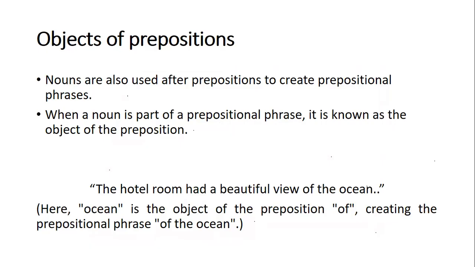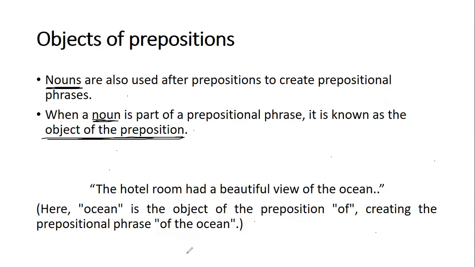Let's move ahead. Nouns are also used after prepositions to create prepositional phrases or objects of preposition. So when a noun is a part of a prepositional phrase, it is known as the object of the preposition.